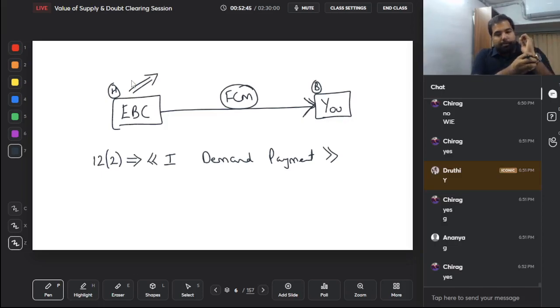I demand payment. Alright, so this is section 12(2). Guys, I demand payment is only a shortcut. You have to look at three things, and of course, earlier the better.